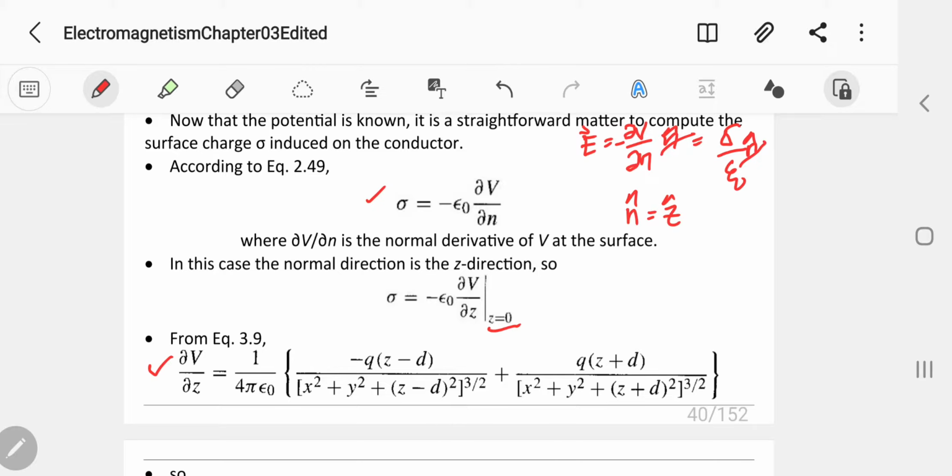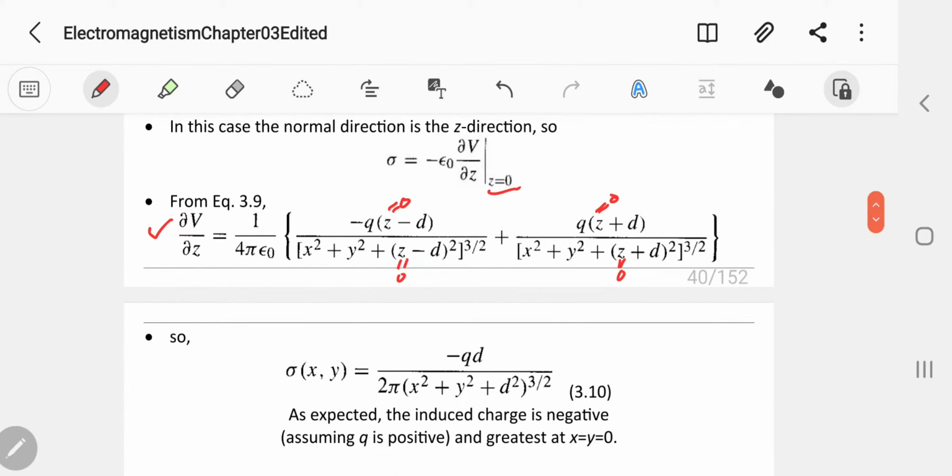You can do the differentiation of V, and then when you substitute z equal to 0, we can then find the area charge distribution, sigma, as a function of x and y. Then we will integrate this sigma to be able to get the induced charge.